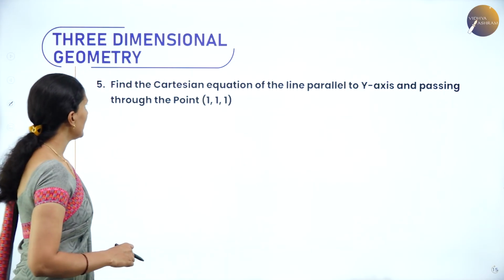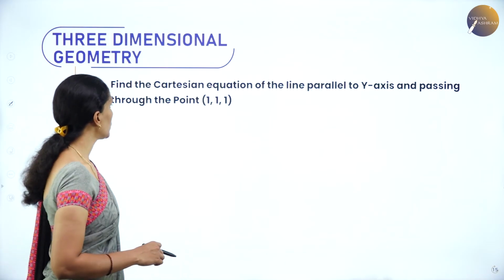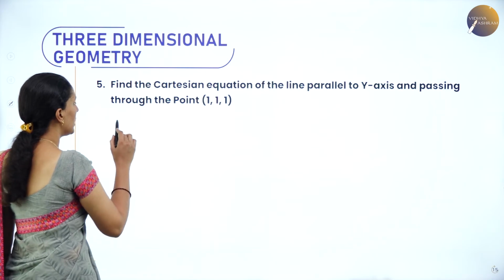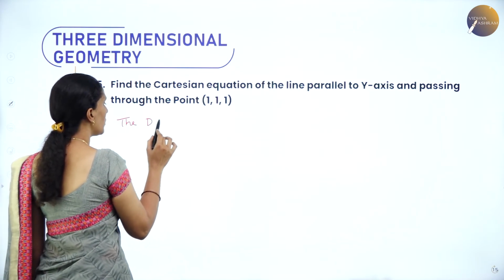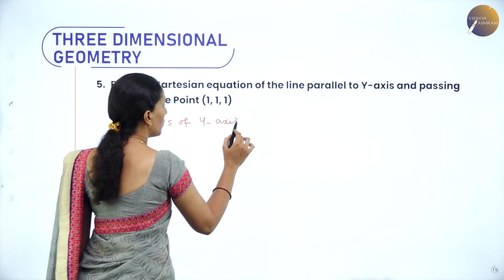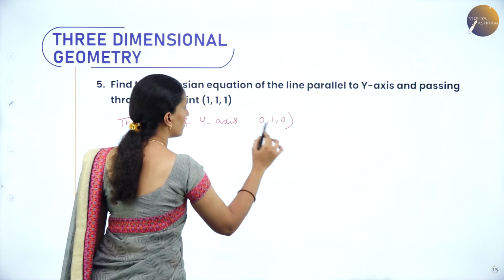Next, find the Cartesian equation of the line parallel to y-axis and passing through the point 1, 1, 1. So we know that the direction cosines of y-axis will be 0, 1, 0.